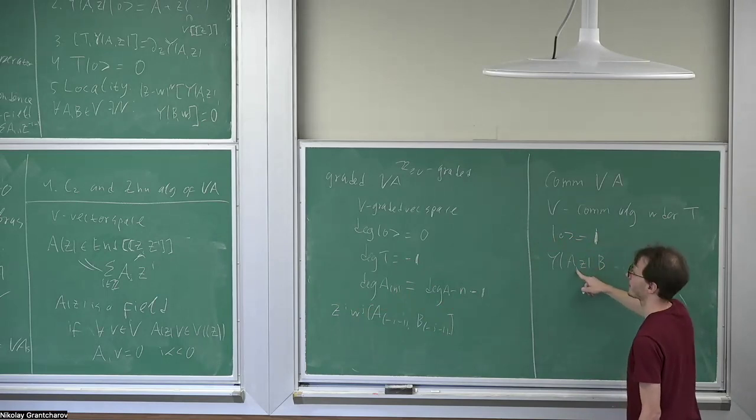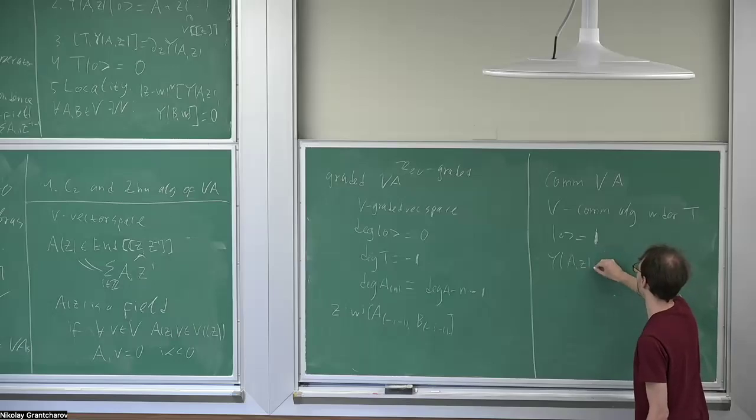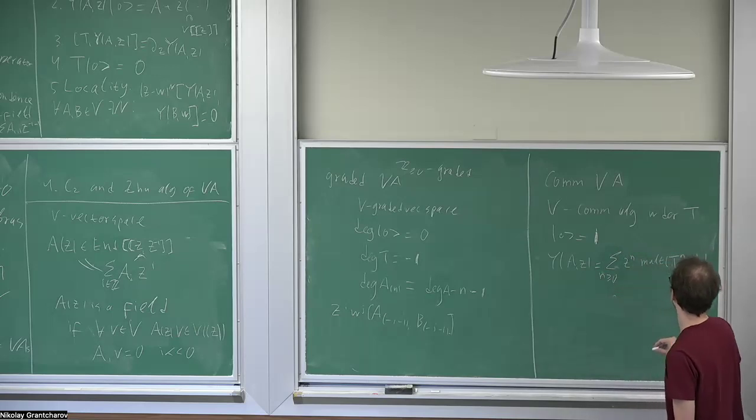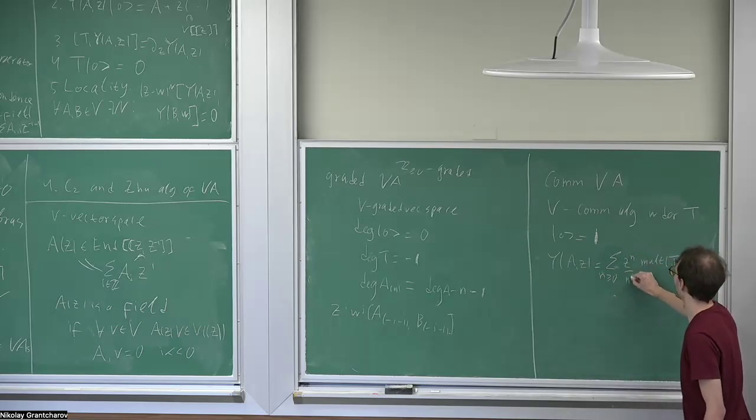Y(A, z) is the sum of z to the n times T^n A over n factorial, where n is greater than or equal to 0.